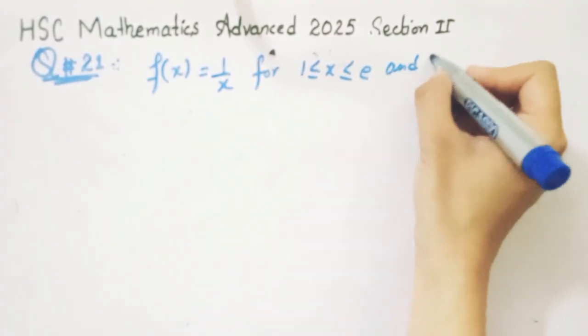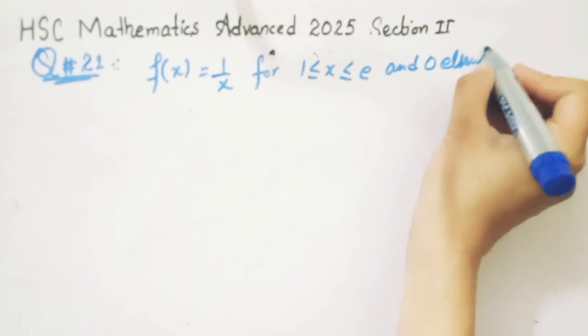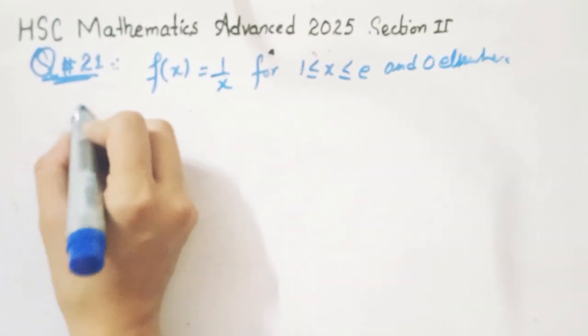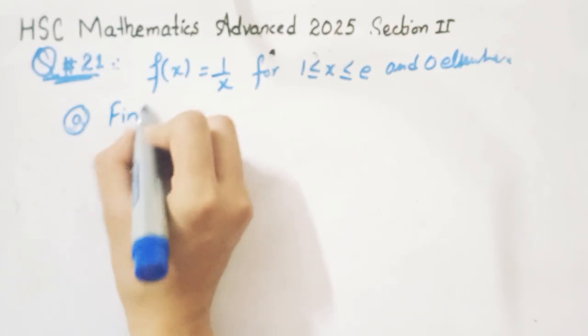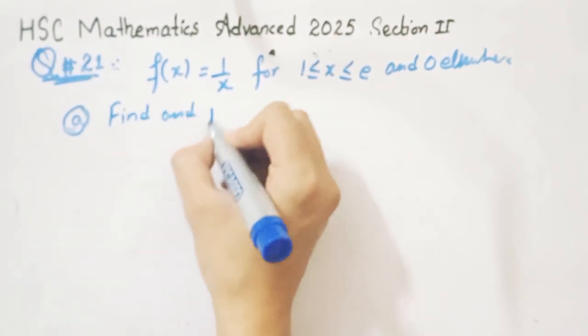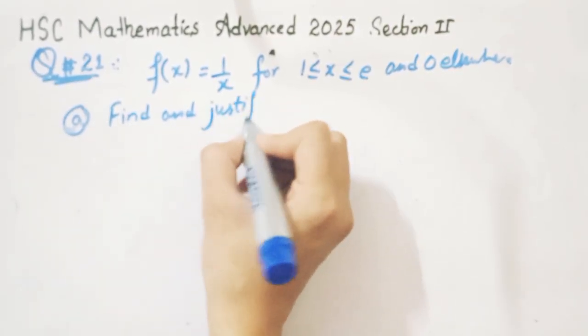In part A, you have to find and justify the mode.